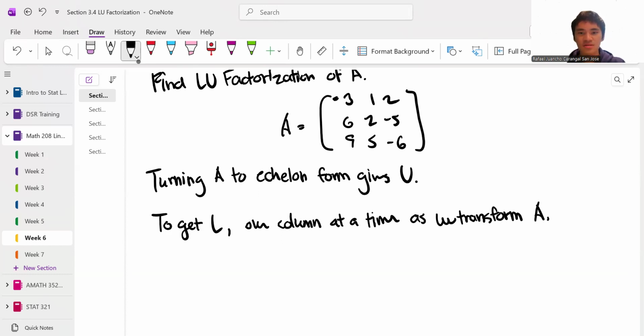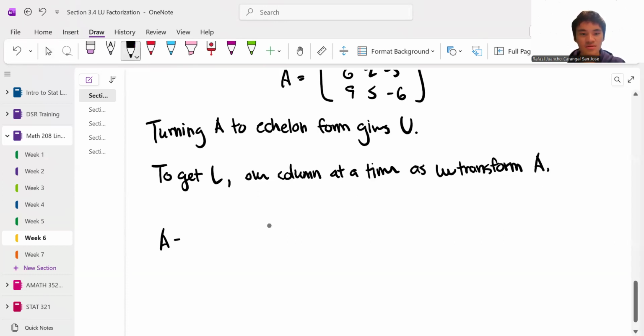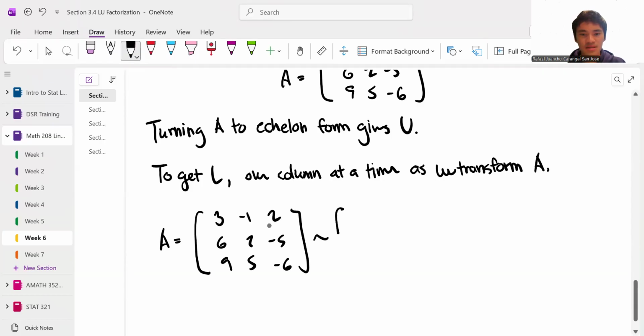Okay, so let's try this out. We have A as this with these entries. That's equivalent to 1, negative 2, negative 3, and so on.